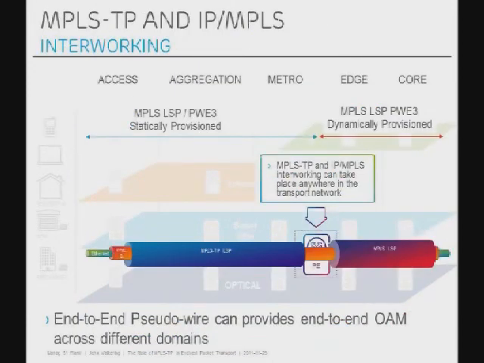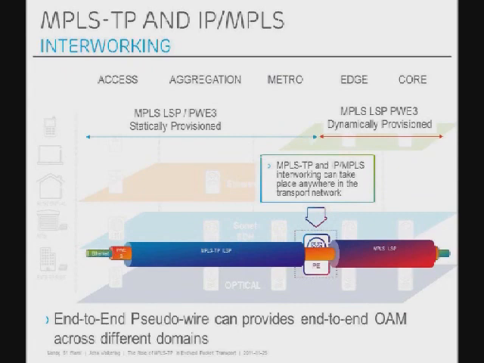This is simplifying the infrastructure a lot. If there is a requirement to have a service that starts somewhere in the IP MPLS environment and gets terminated in the access where it's MPLS-TP, because MPLS-TP is based on the same principles as IP MPLS, it can be quite easily interworked.